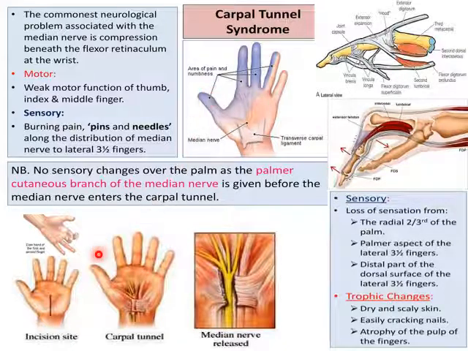To relieve all these symptoms, the median nerve compression can be relieved in the carpal tunnel by incising in the midline at the wrist, between the thenar and hypothenar eminence, over the flexor retinaculum to release the compression of the median nerve.